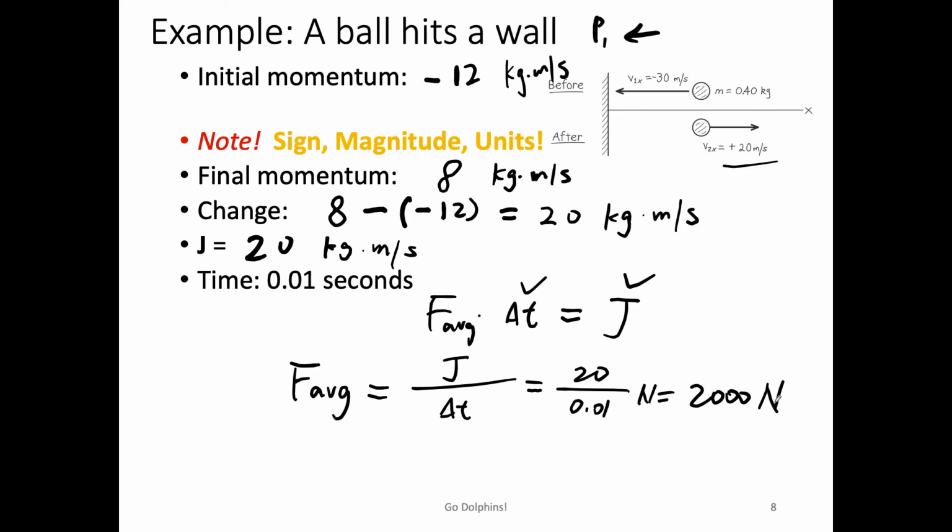So the change of momentum is 20 kilogram meter per second, but because the time of contact of the ball and the wall is small, 0.01 second, the average force acting on the ball is large.